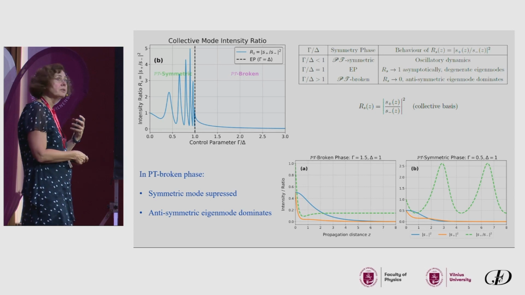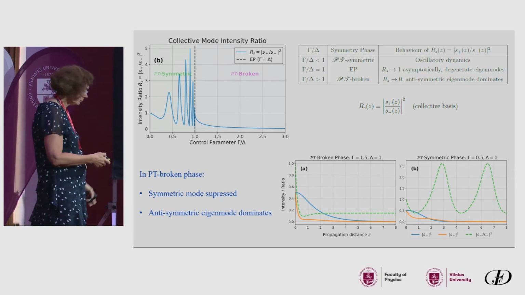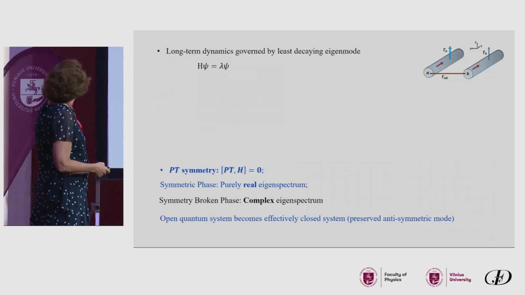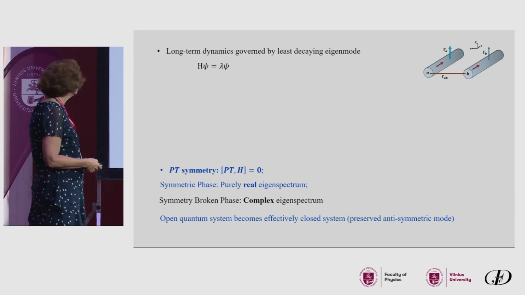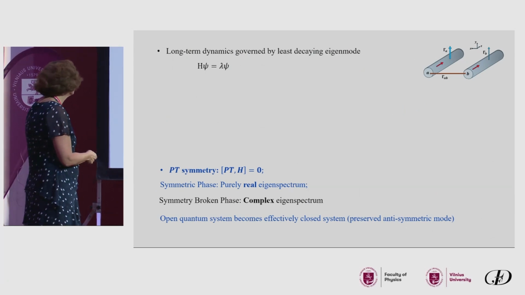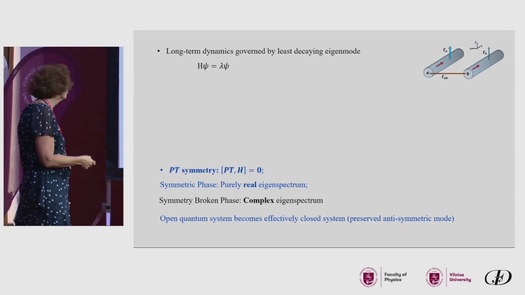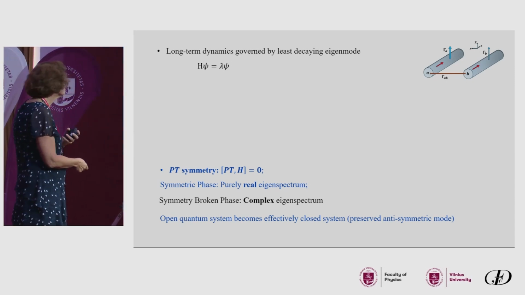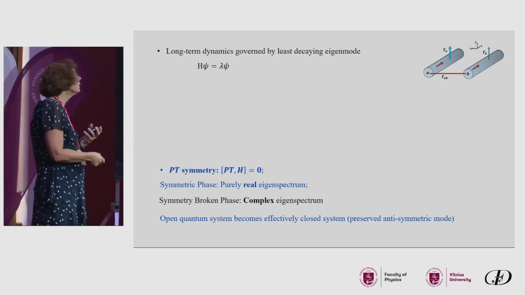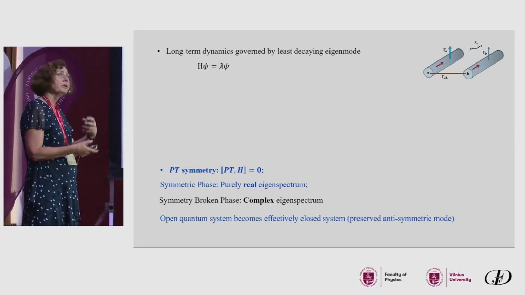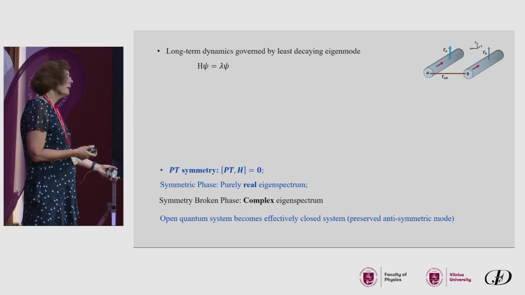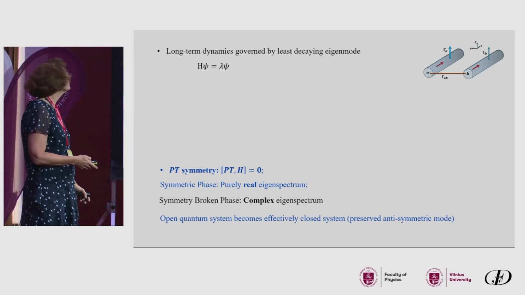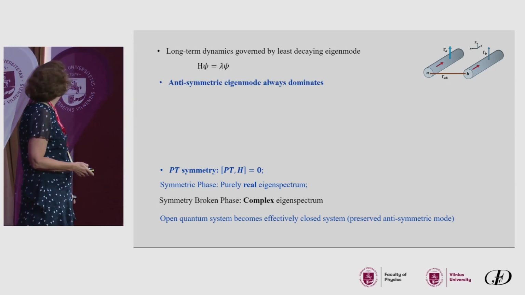This will be preserved, and all will come out here. In this case, I would like to sit in this symmetry broken phase with complex eigenspectrum. And this makes my open quantum system for this mode de facto a closed system. So going into this phase makes my system kind of de facto closed.